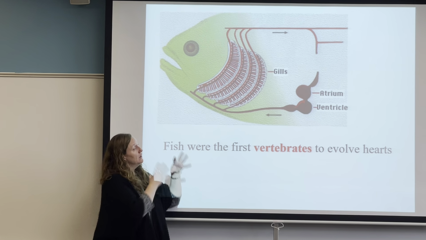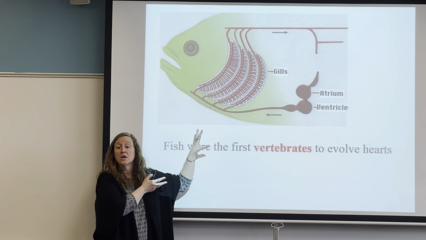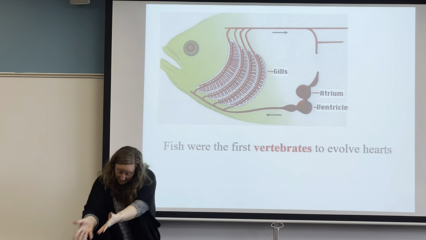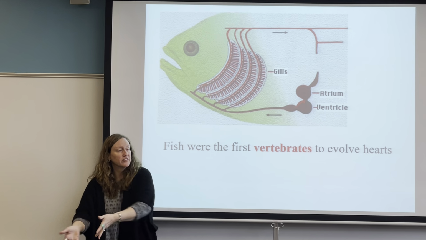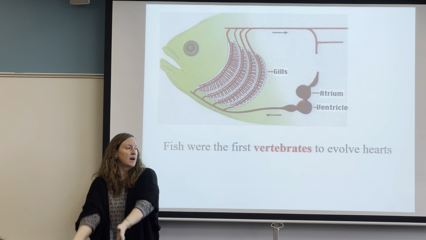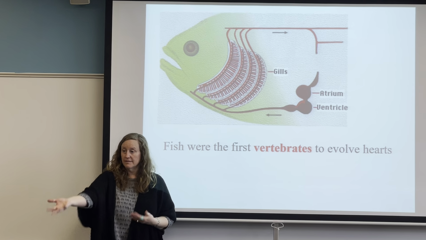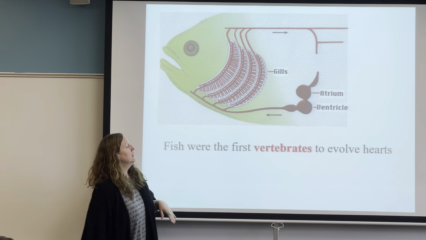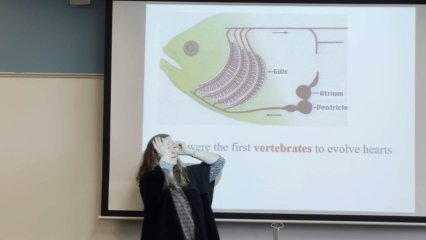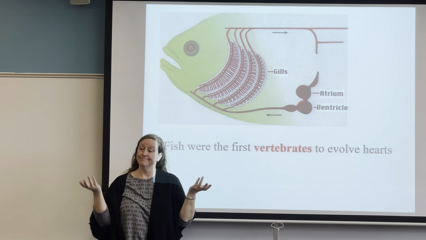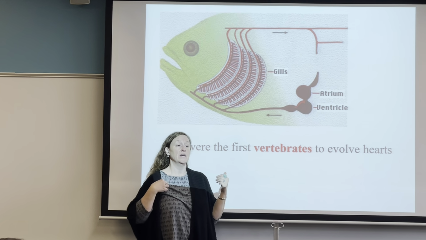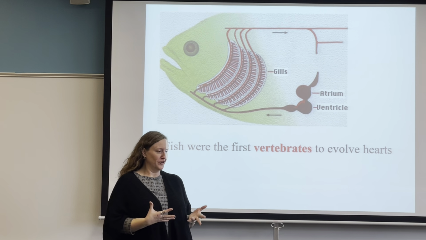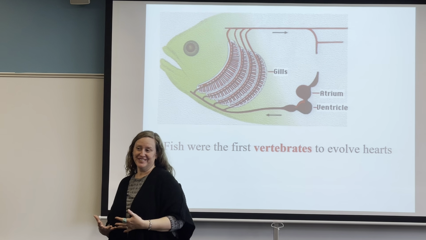When you have a closed system of tubes, you have essentially a delivery system that can bring the nutrients, the hormones, the oxygen, drop them off, and take other stuff away. Because there's only one atrium and ventricle, there is mixing that happens, so there's a lot of inefficiency there. So it's kind of inefficiency in an efficient system.